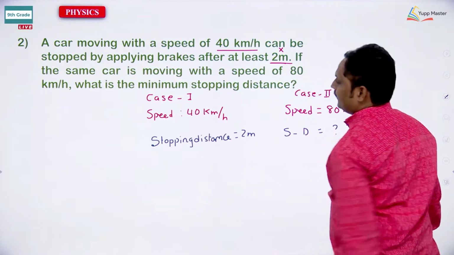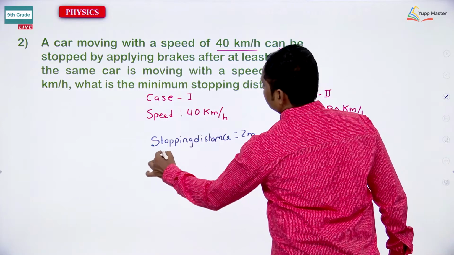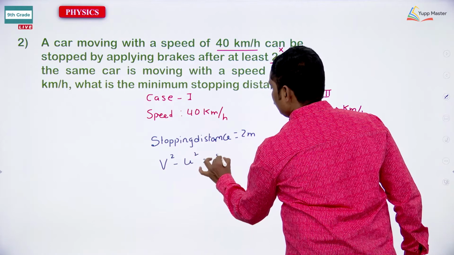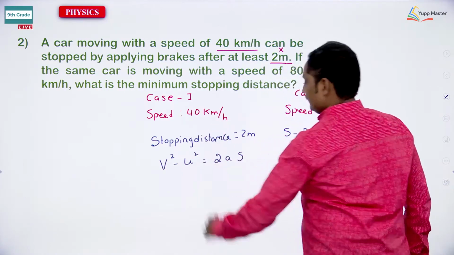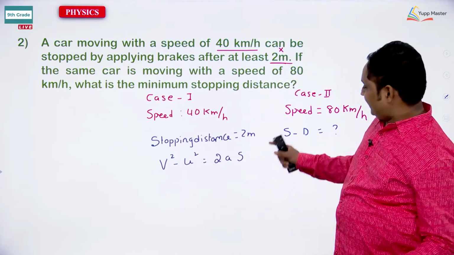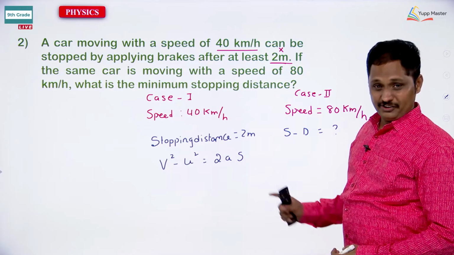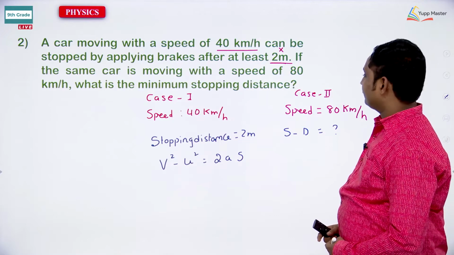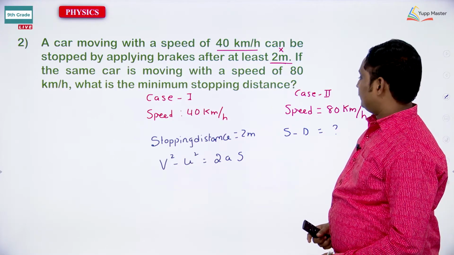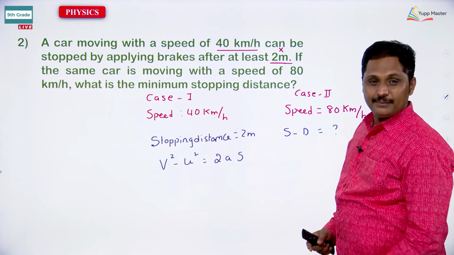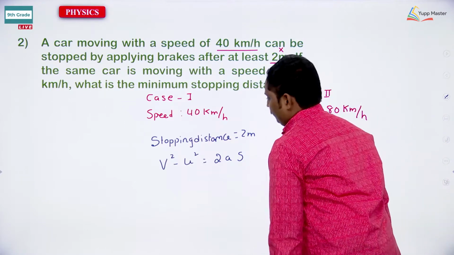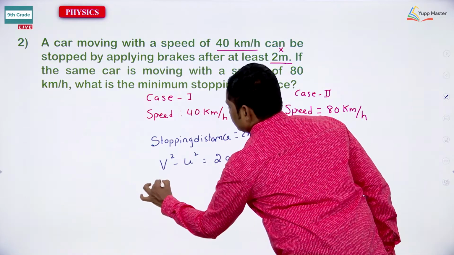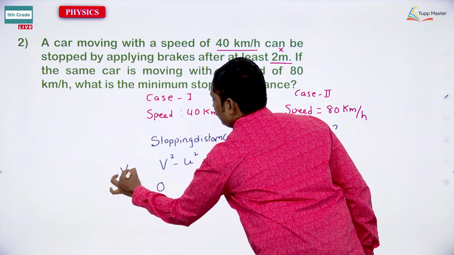We have to take the equation v square minus u square is equal to 2as. We are going to apply that equation of motion. We can easily solve that. Simply consider 0 square, because v is equal to 0.